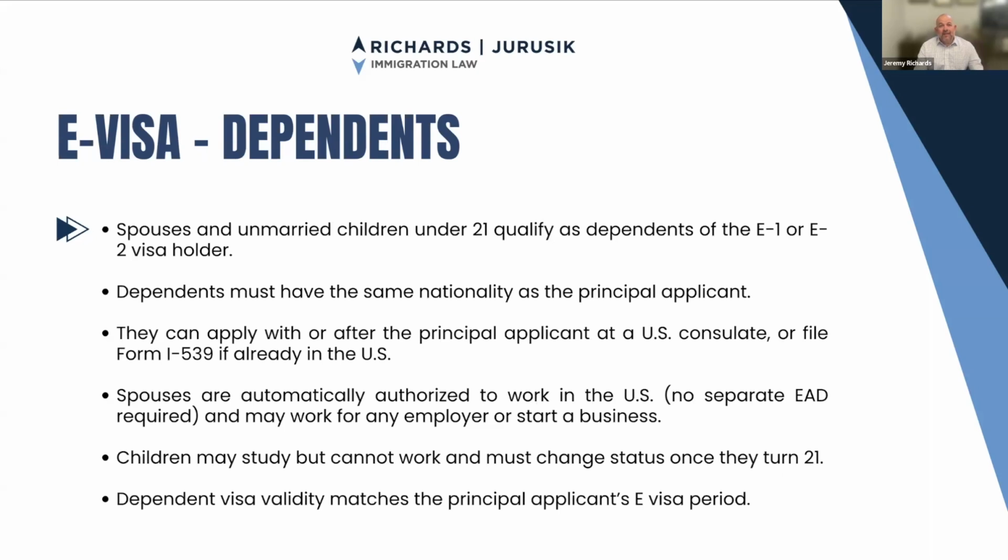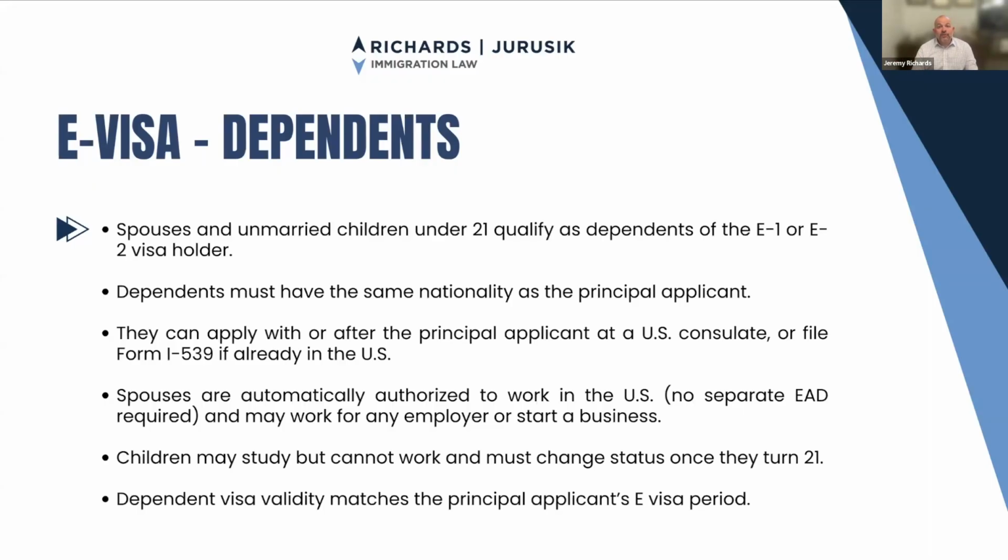And there is a way, and some people do like the assurances, that if you are in the U.S. under that dependent visa, you can get an employment authorization document, or what is called an EAD card, the physical card that is proof of your status to work in the United States. Some people prefer that. Otherwise, all you have is a visa and a stamp that shows your permission to work. The card, when you present that to employers, can look a lot more official as far as proving your status to work in the United States. Although it is not required to get that EAD card.